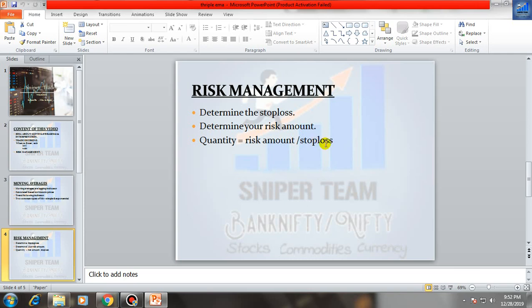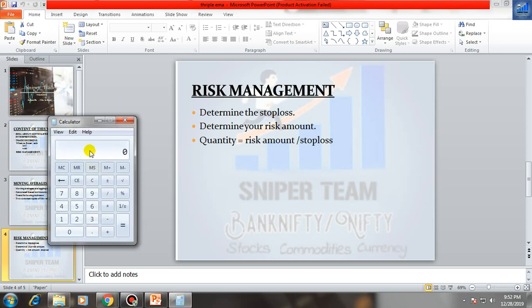If the stop loss is around 7 rupees, we can determine the quantity by dividing the risk amount, that is 1000 rupees, by 7, that is 142, which is the quantity we can take in the cash segment.